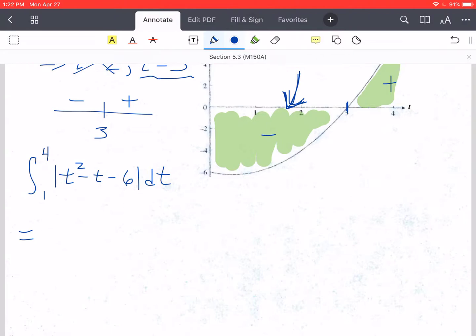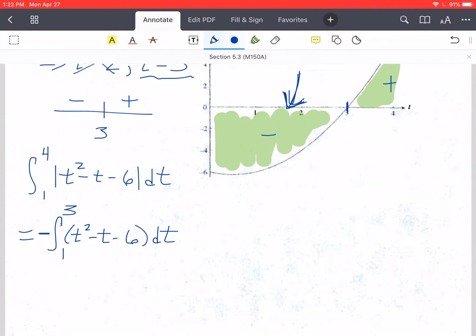So the negative part is going to be the integral from 1 to 3. Okay, and then the function would normally give us a negative value, so I'm going to make it negative myself. So negative integral of t squared minus t minus 6 dt.